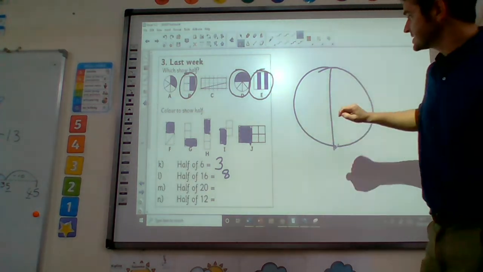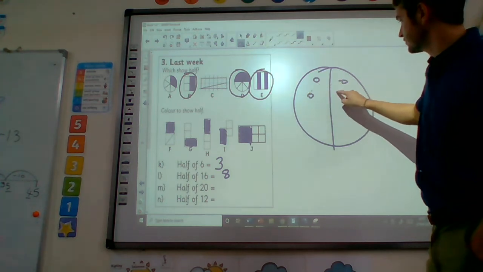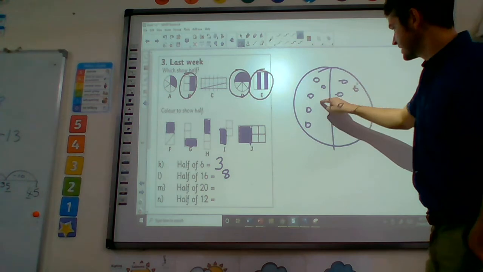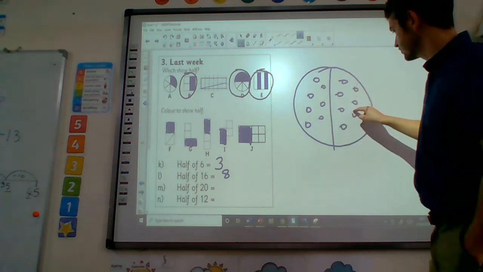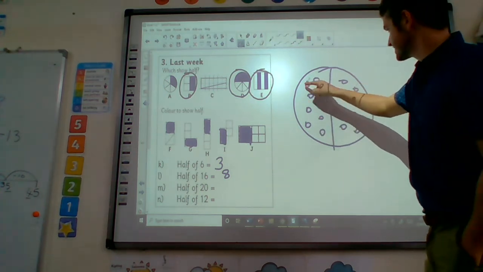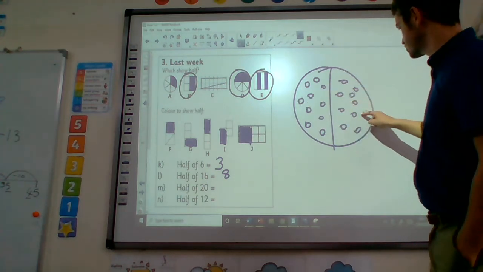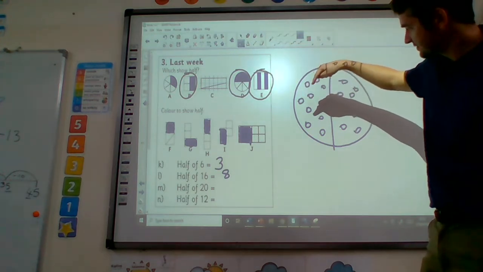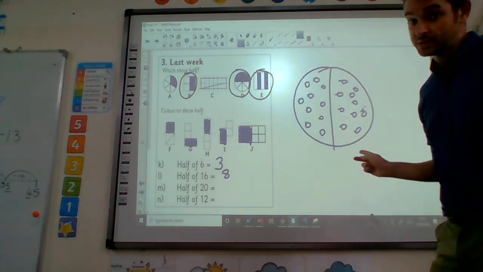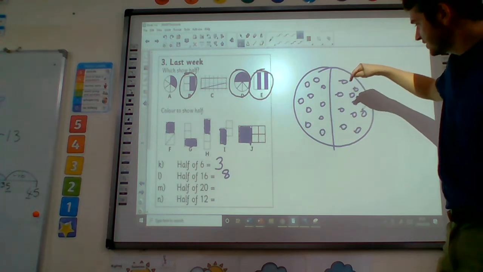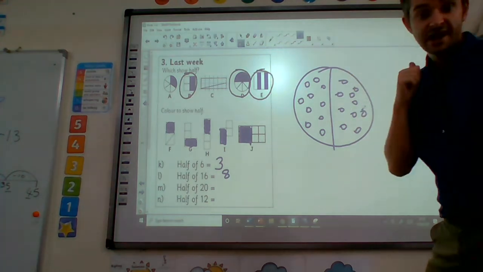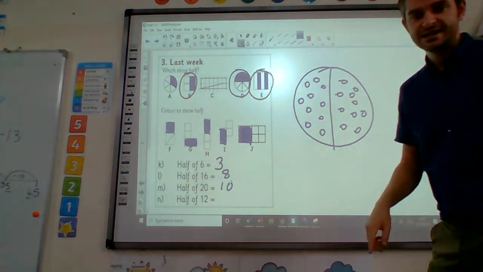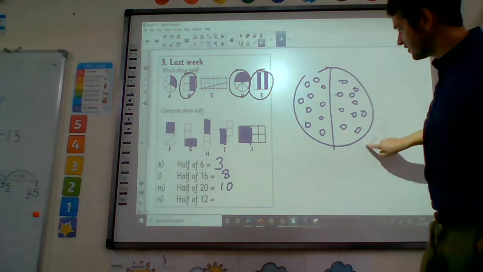Tomato. 20. 1, 2, 3, up to 20. Count them very, very carefully. 1, 2, 3, 4, 5, 6, 7, 8, 9, 10. Going to check that both sides are equal. 1, 2, 3, 4, 5, 6, 7, 8, 9, 10. They are both equal. I've split 20 in half. 10 is the answer. And then the last one, half of 12.